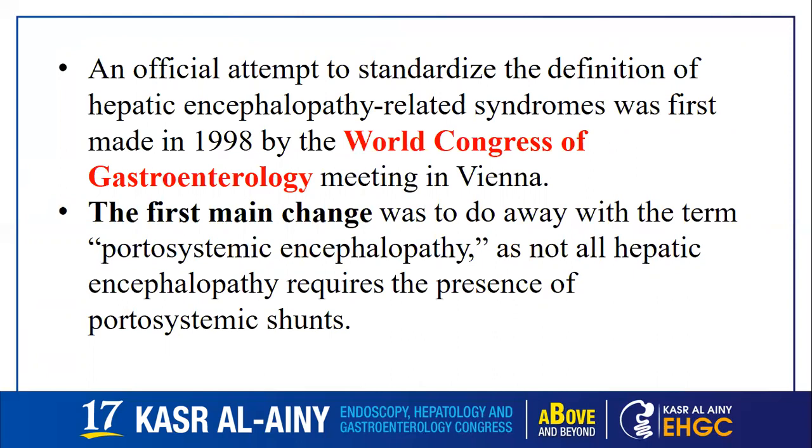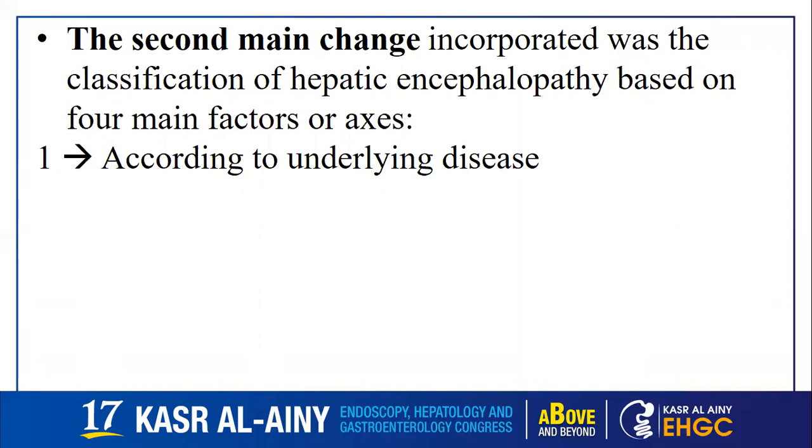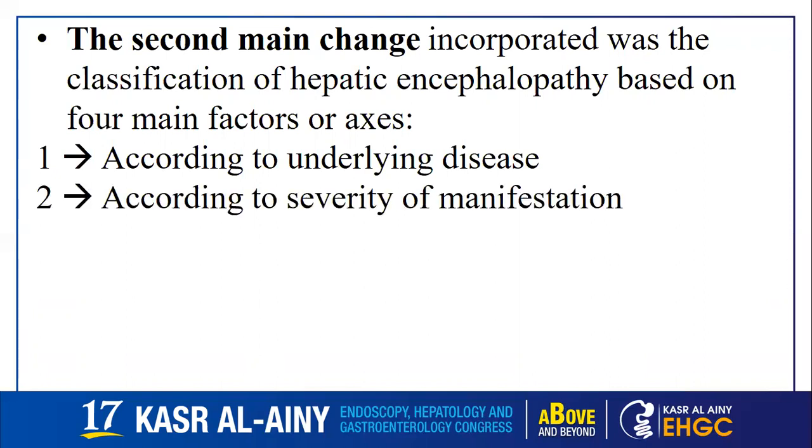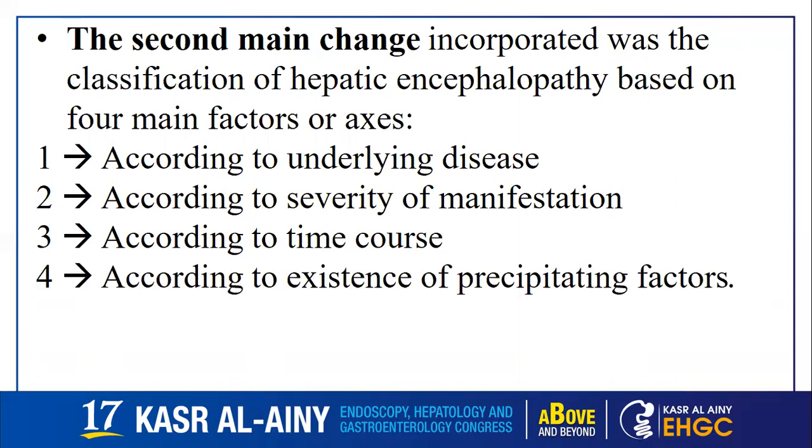And they started to express hepatic encephalopathy grades in the form of axes, more than one axis. Axis 1 according to underlying disease, axis 2 according to severity of manifestation, axis 3 according to the time course, and axis 4 according to the presence of precipitating factors.